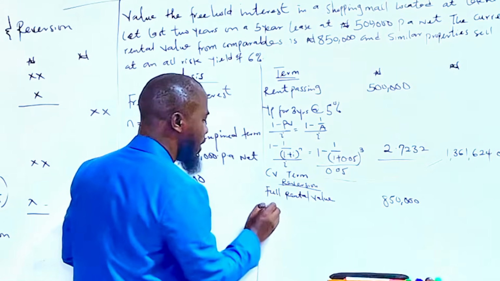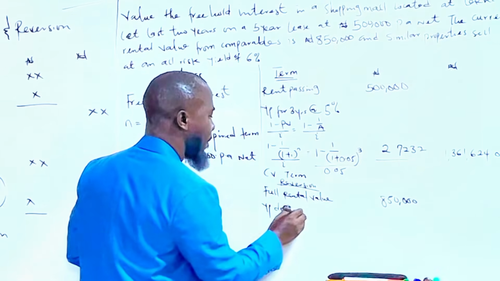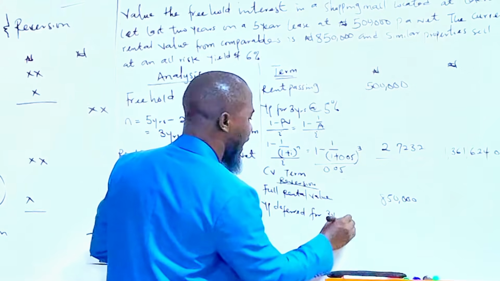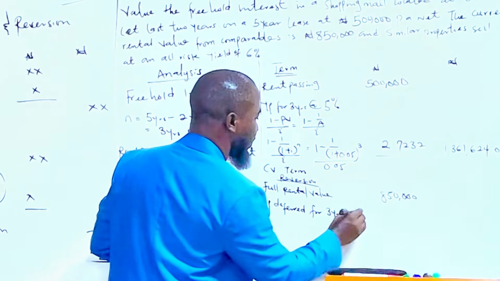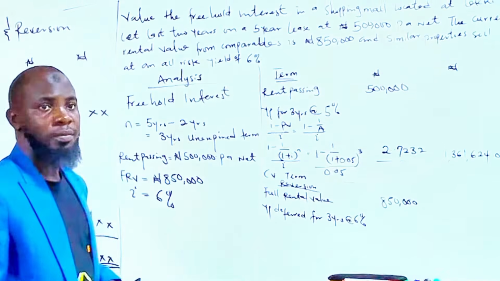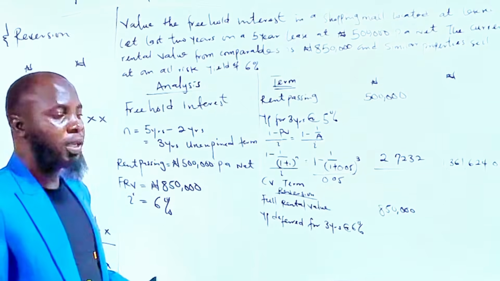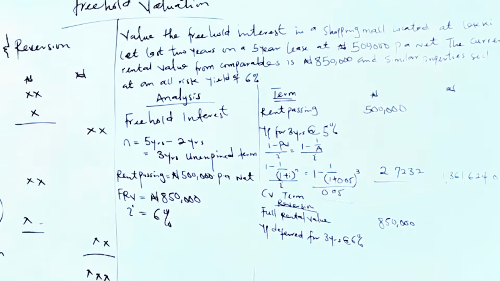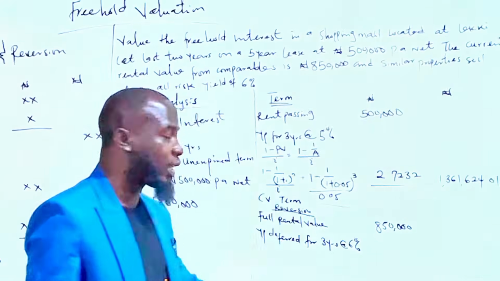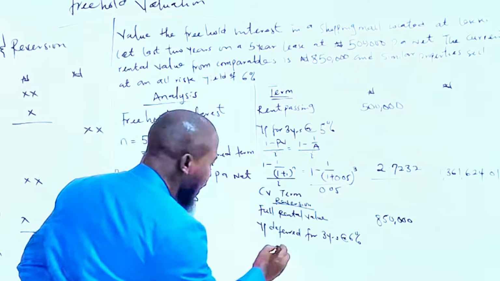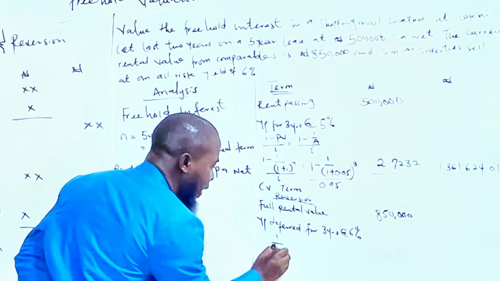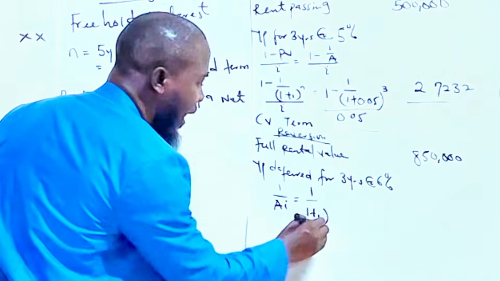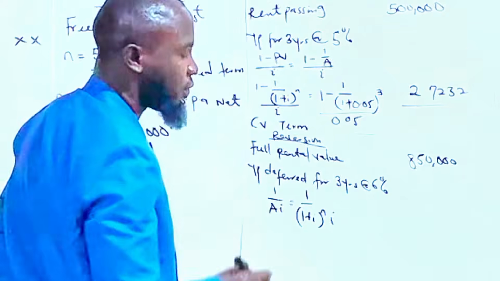Then YP deferred for 3 years at 6%. The formula to use for deferred is 1 all over A i, that is 1 all over 1 plus i all raised to power n, times i.